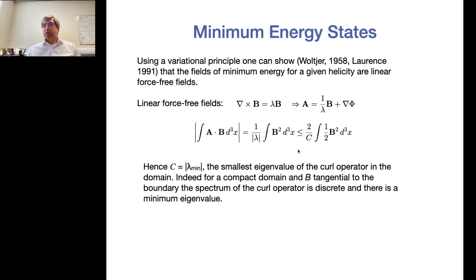And that means that the inequality is satisfied if we choose for C the smallest possible lambda which we can find, right? Smallest possible lambda means largest possible value of 2 over lambda, and therefore that satisfies this inequality for all force-free fields.